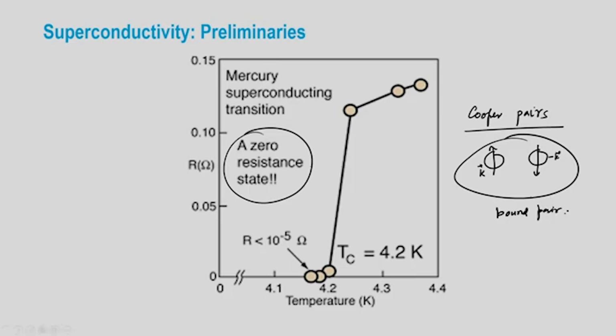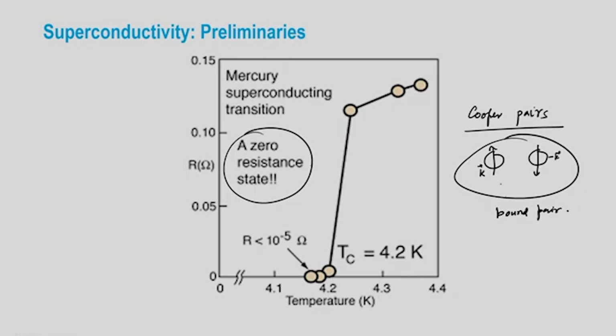And this was seen through the seminal works of Leon Cooper, who is one of the persons who gave rise to a microscopic theory of superconductivity in 1957, by Bardeen, Cooper and Schrieffer, and this is called the BCS theory, which later won a Nobel Prize.